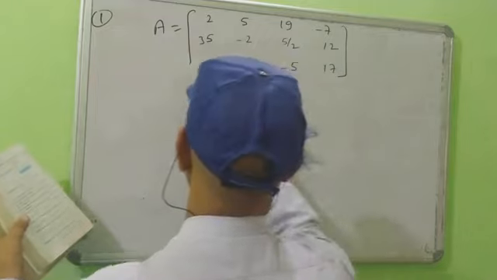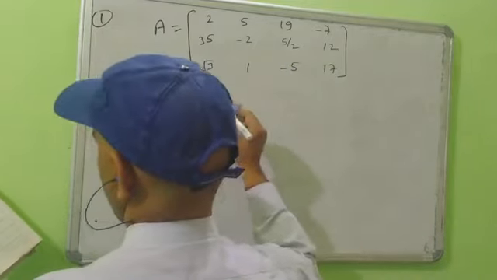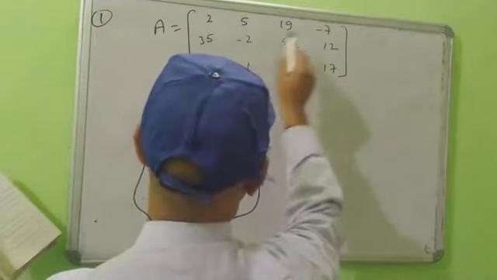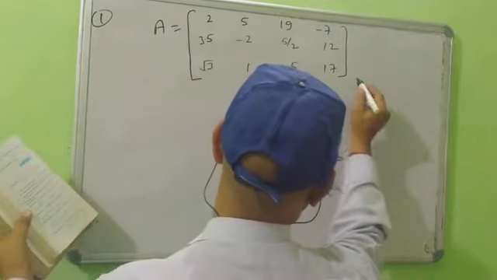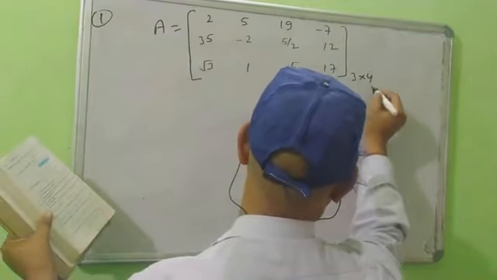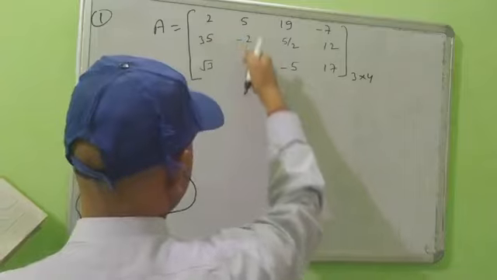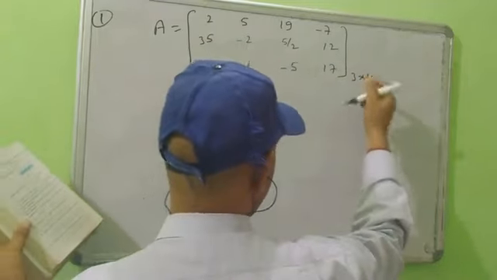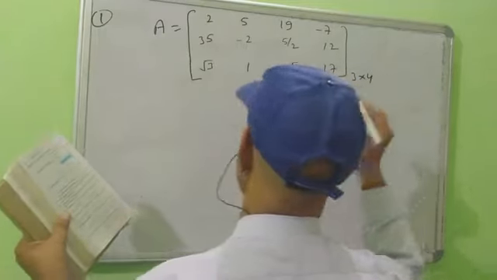This one is the matrix of first row, second row and third row. So 3 into 4: first column, second column, third column and fourth column. Then you write here the order of the matrix.